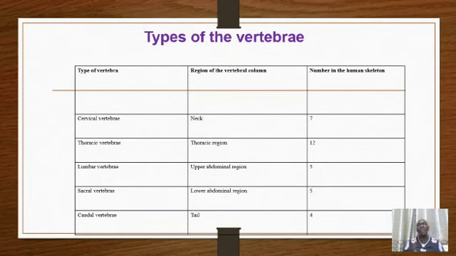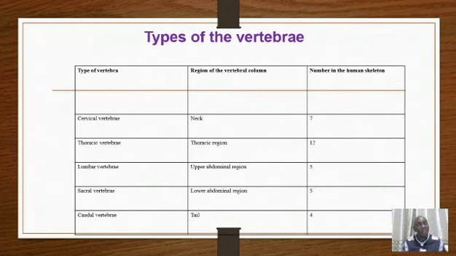Then we've seen that the vertebral column has a variety of vertebrae, different types of vertebrae. There are vertebrae in the neck, there are vertebrae in the thoracic region, which we call the thoracic vertebrae. Now below the thoracic vertebrae, we have vertebrae in the upper abdomen, called the lumbar.